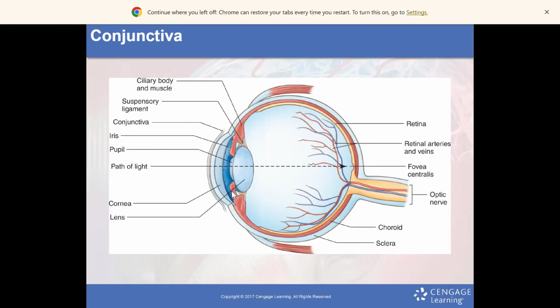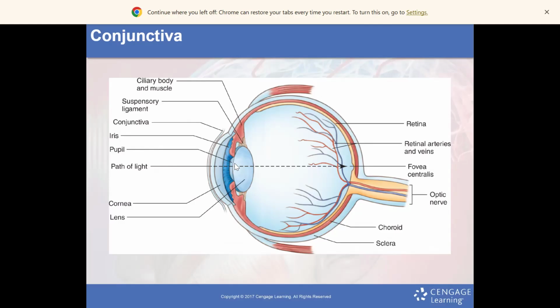Then you have the colored part of the eye known as the iris. That is technically a muscle. It's a circular muscle with a hole in it, and that hole is the pupil of the eye that allows light to come in, and it can be controlled. So it can let a lot of light in or very little light in.